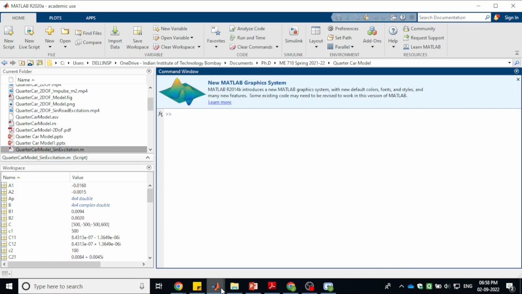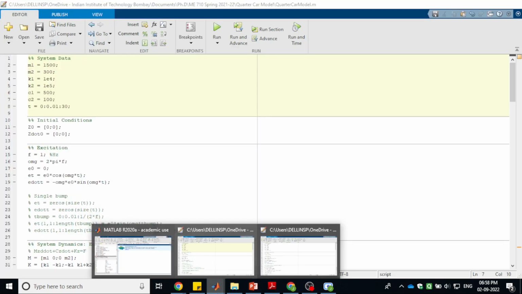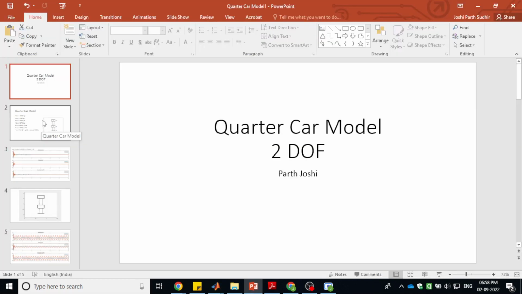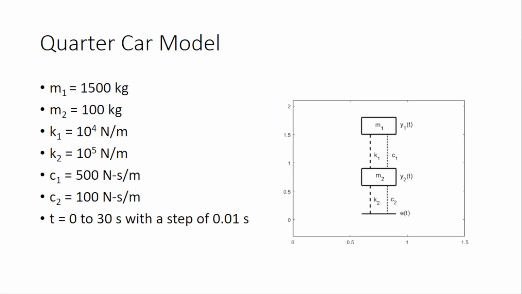Using MATLAB, we define this quarter car model as a 2 degree of freedom system. On the right hand side we see the representation of the system.